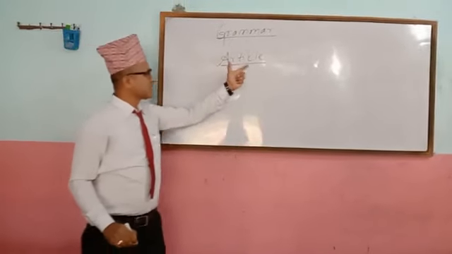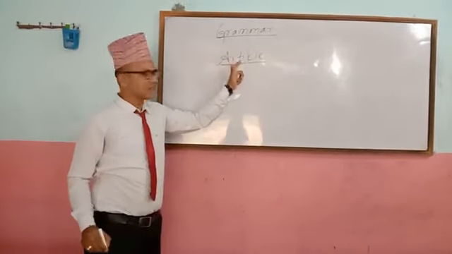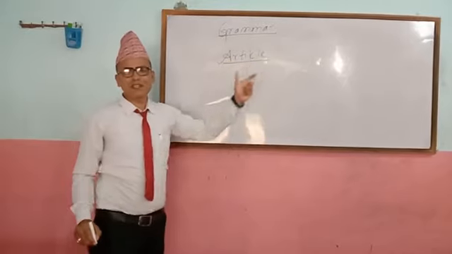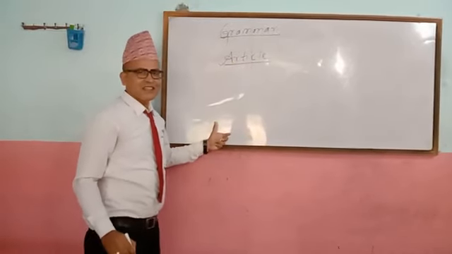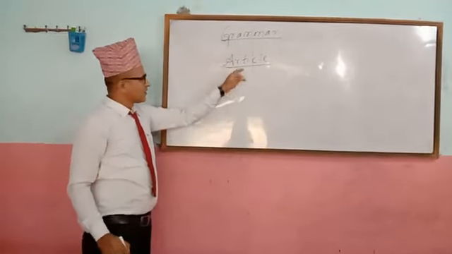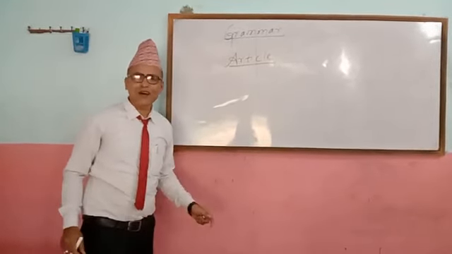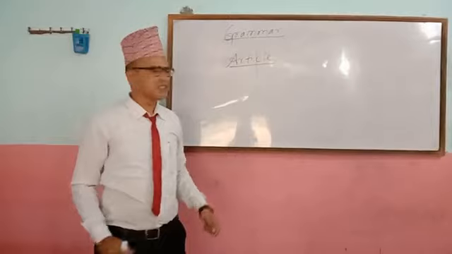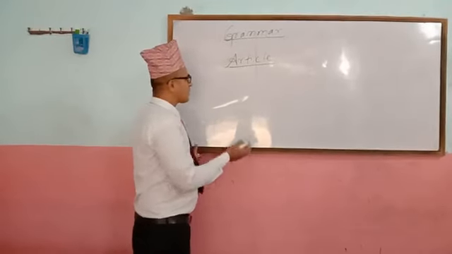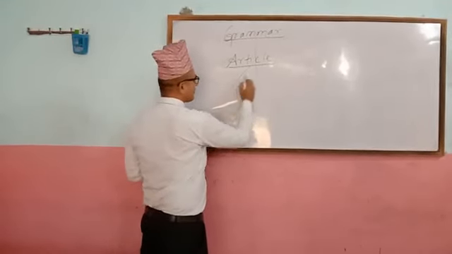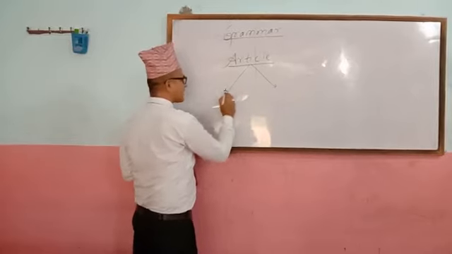Everybody knows article is a kind of determiner. It indicates the noun phrase using a, an and the. So simple, we have two types of article.